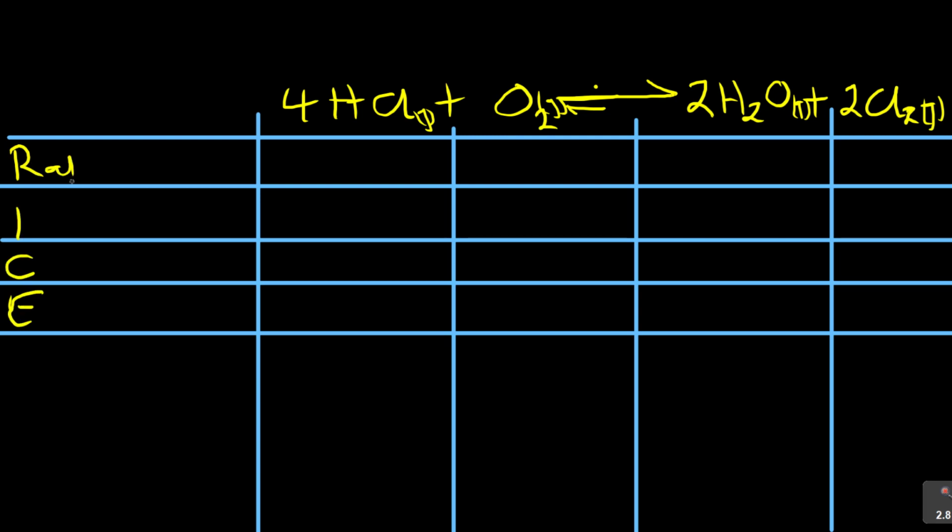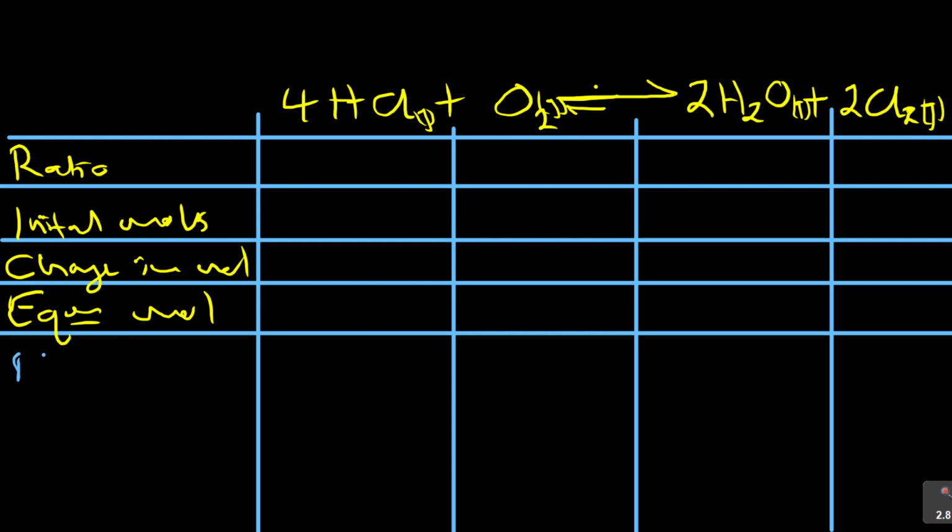Okay, ratio, initial. Please don't leave it as RICE. Initial moles, change in moles, equilibrium moles. Don't do that. What I'm doing is in short form. Then this is equilibrium concentration.